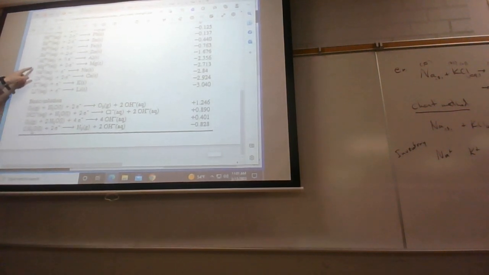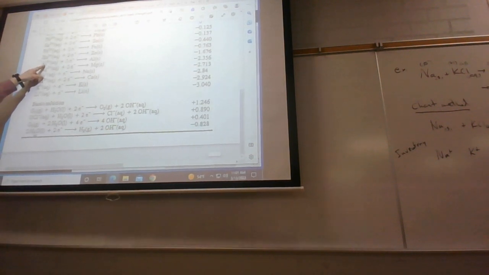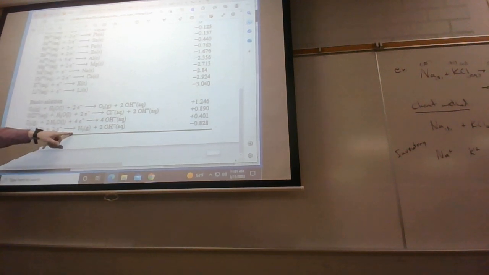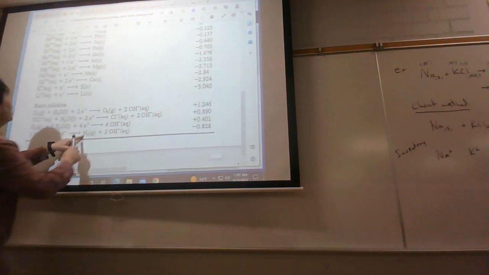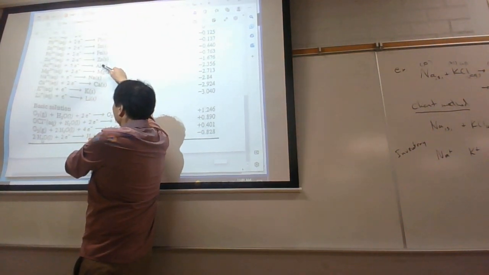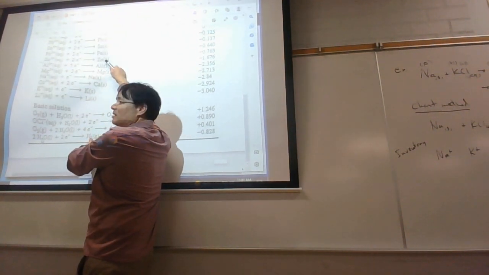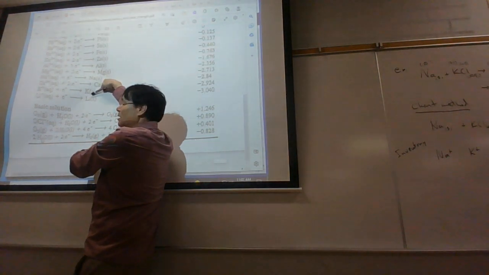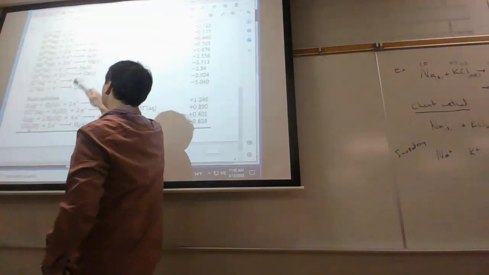That means water is more powerful than aluminum ion, but less powerful than zinc ion. And the same thing for the reducer, hydrogen. Hydrogen is less powerful than aluminum, but more powerful than zinc, because we're reading this upside down. And so that's where we insert water here.